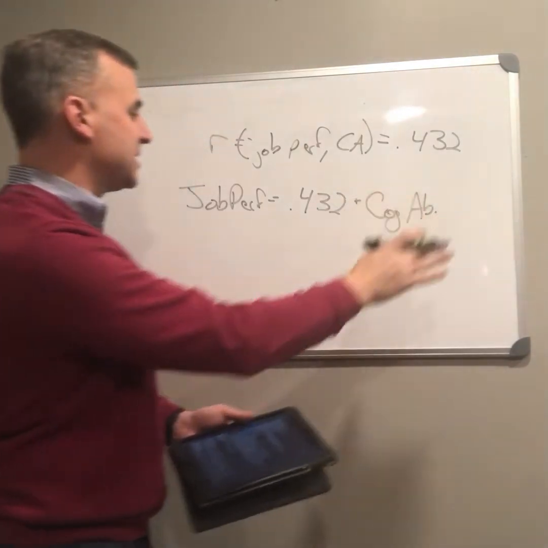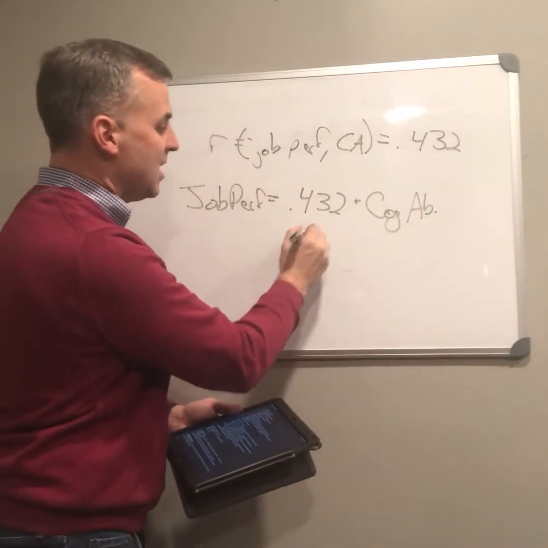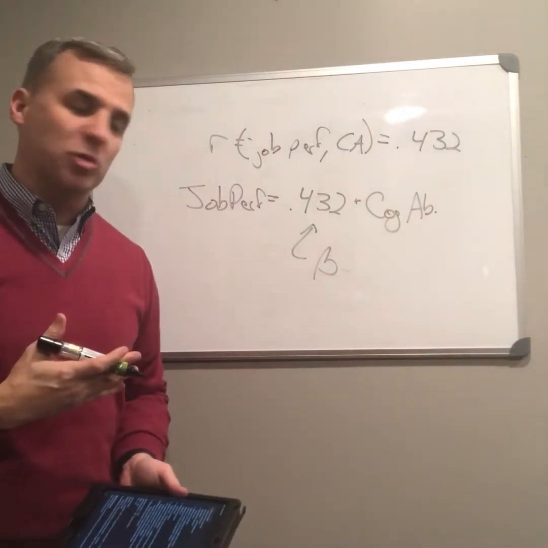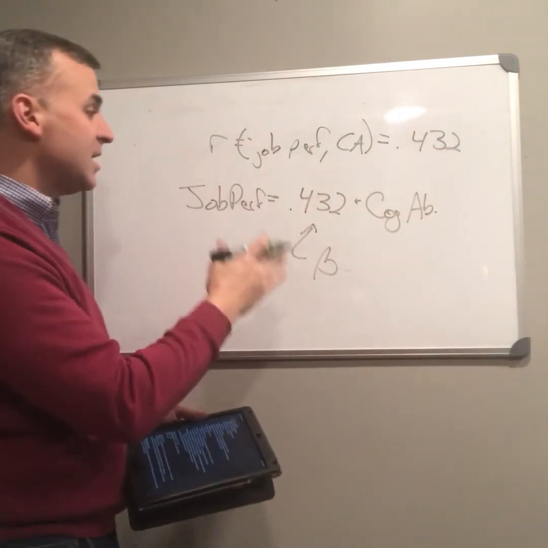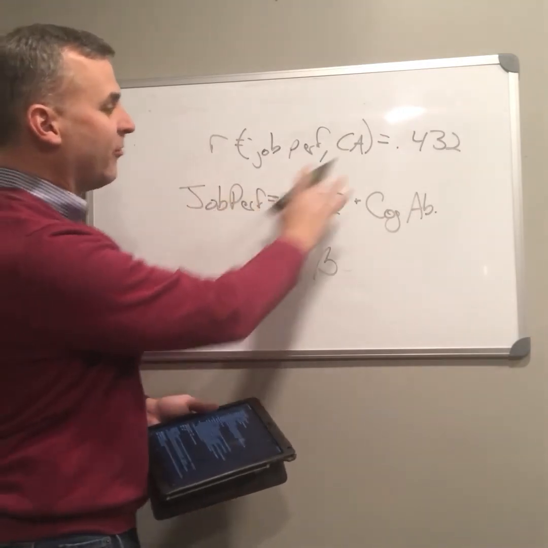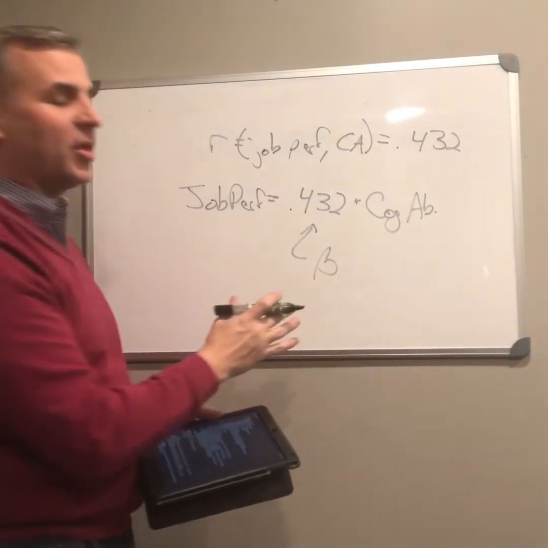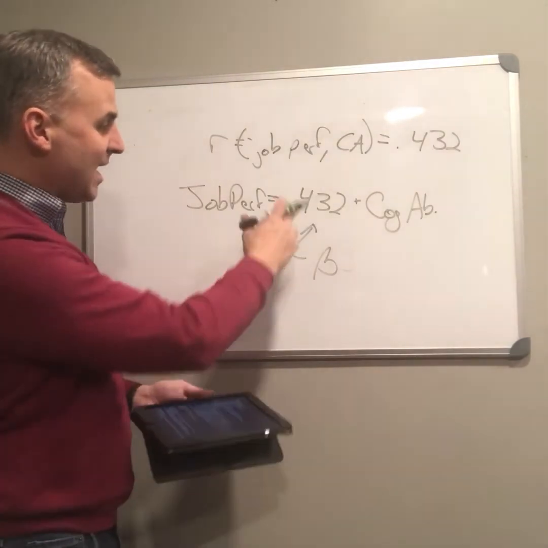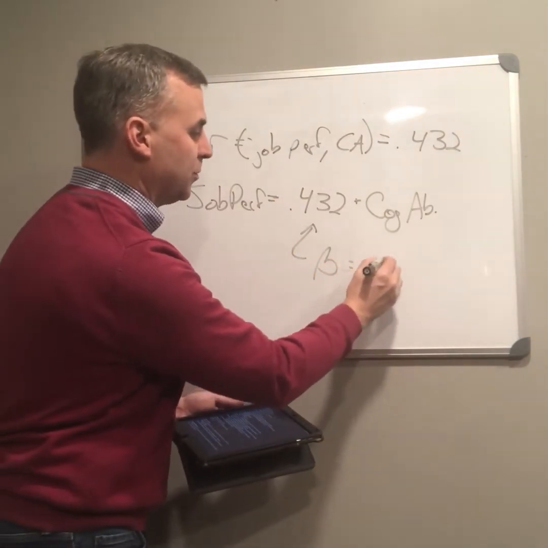No y-intercept because it's a standardized regression equation. And this is beta, our standardized regression weight, 0.432. Now, technically, it would be z-scores of job performance and z-scores of cognitive ability, but we don't typically notate it that way. So beta is equal to 0.432.